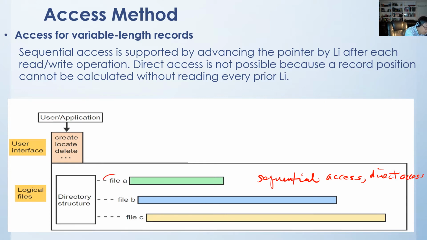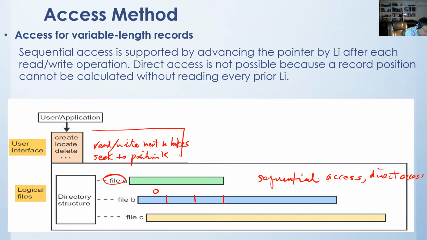Like this case, file A. It's an unstructured string of data, so you use read and write, like next n bytes, and you can also use seek to position K.